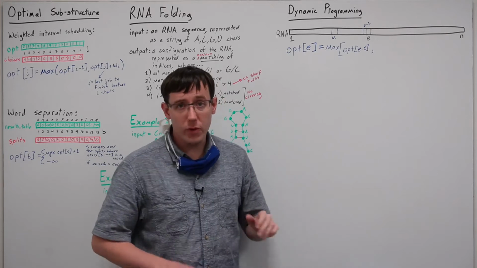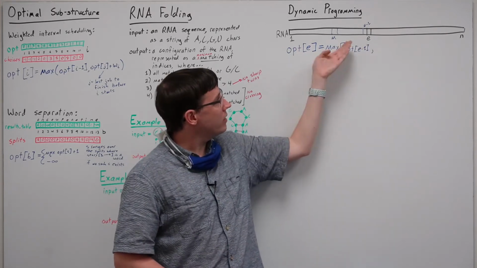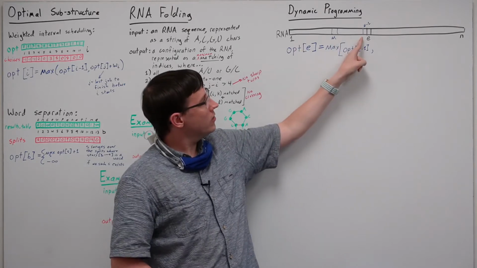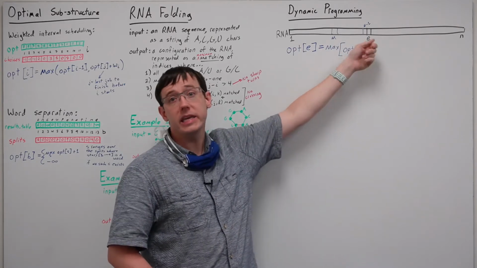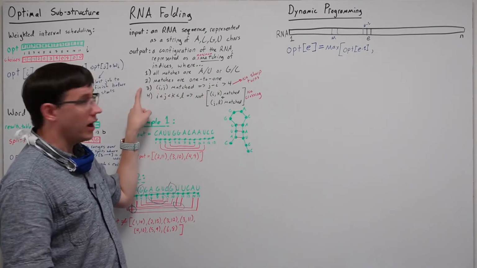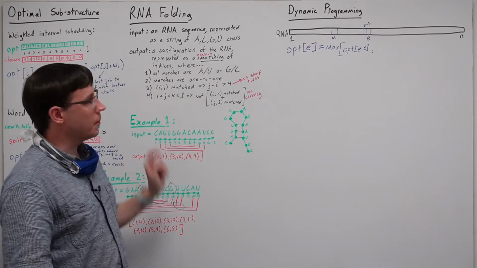On the other hand, if we pair e with some previous base m, we know that m has to be less than e minus 4 in order to satisfy constraint number 3.